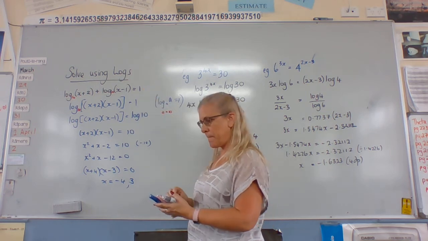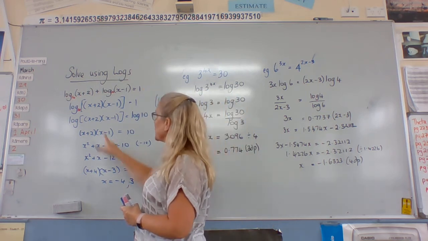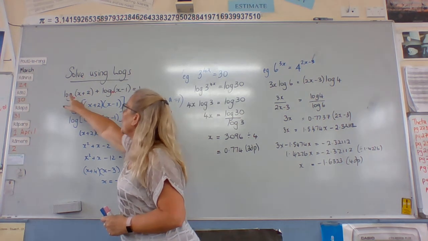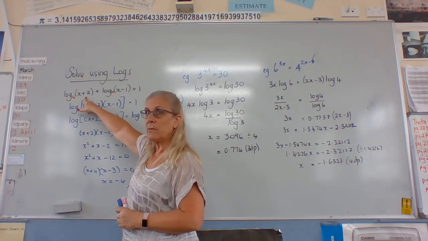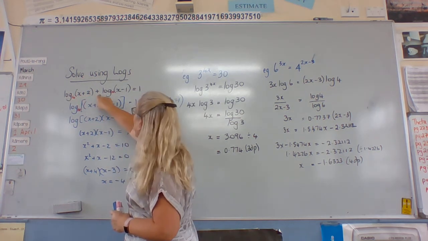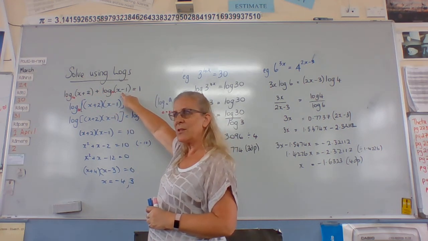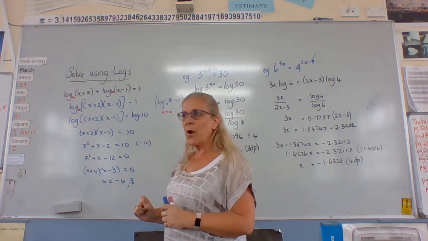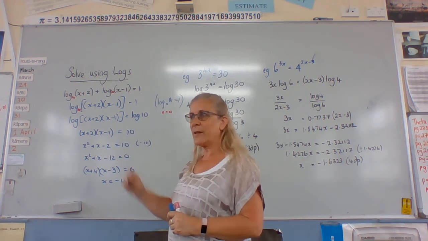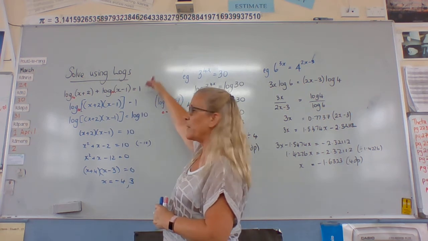Try it out. Log of, let's do 3 because I can add 3. Log of 5 plus log of 2 equals? Yes, it worked. We can always be happy with things that work, because if we can go back and check them.